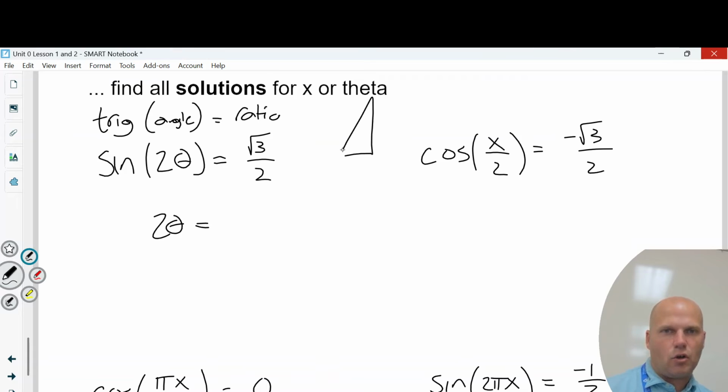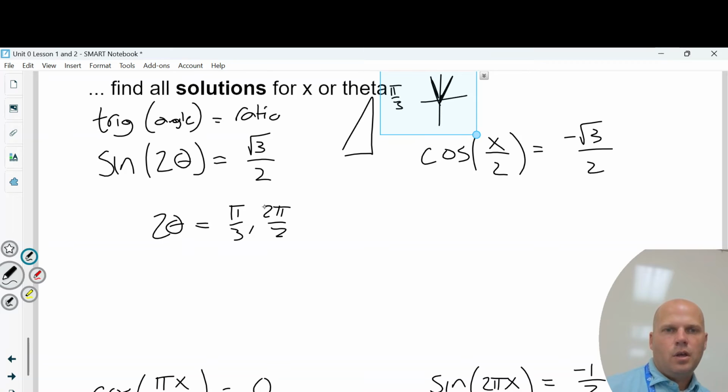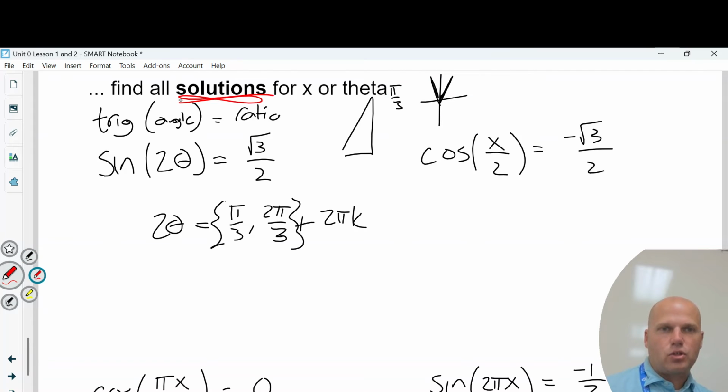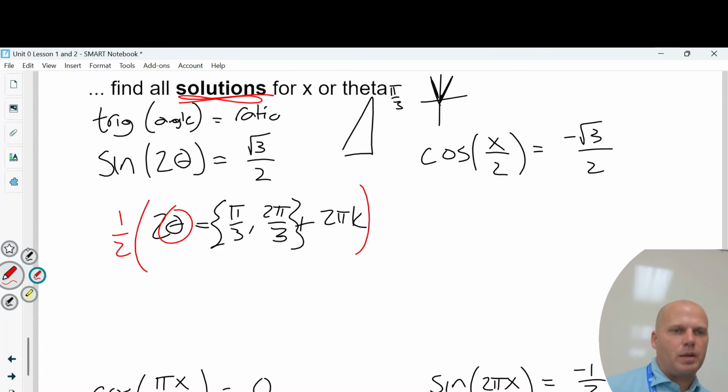I need my 30, 60, 90 triangle, pi over 3's. I need my pi over 3's in the first and the second quadrant. And I get pi over 3 and I get 2 pi over 3. And I want all solutions, so I want these plus all of their coterminal angles. I'm going to then have my angles. But what are my solutions? My solutions are what theta are. So I'm going to solve for theta by multiplying by 1/2.